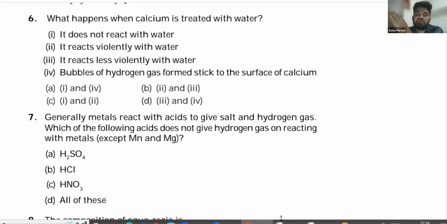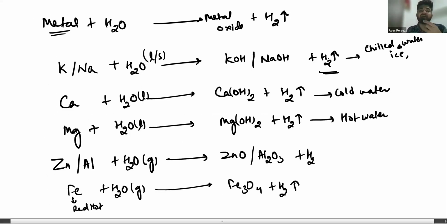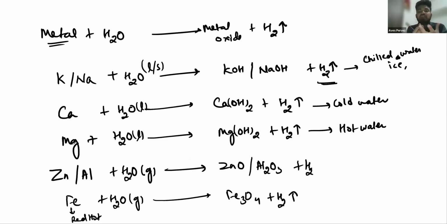In the case of sodium and potassium, if we want to collect this hydrogen gas, it catches fire. Why? Because the reaction is so violent that the heat liberated during the reaction leads the hydrogen gas to catch fire.